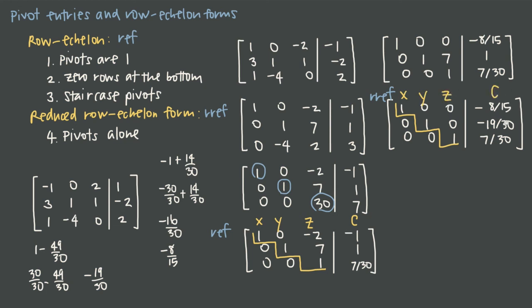So literally, once the matrix is in reduced row echelon form, we have the solution to the system of linear equations. We say 1x plus 0y plus 0z is equal to negative 8 over 15, or in other words, x is equal to negative 8 over 15. Y is equal to negative 19 over 30, and z is equal to 7 over 30.